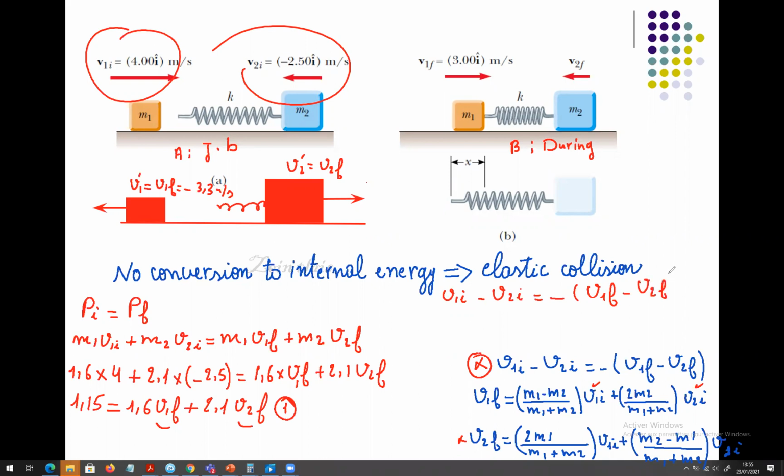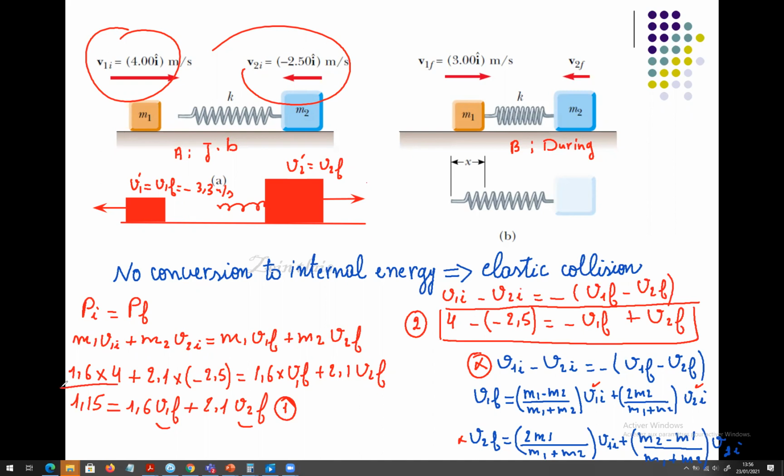V1 initial equals 4, minus V2 initial equals minus minus 2.5, equals minus V1 final plus V2 final. This is the second relation between V1 final and V2 final.